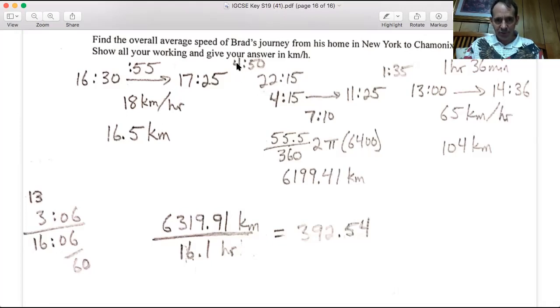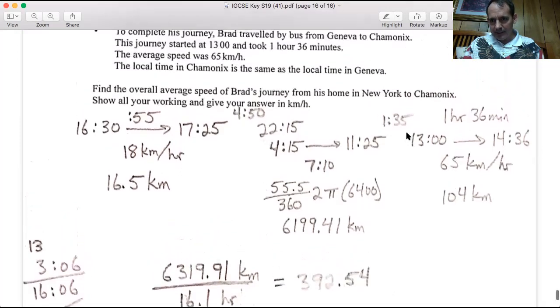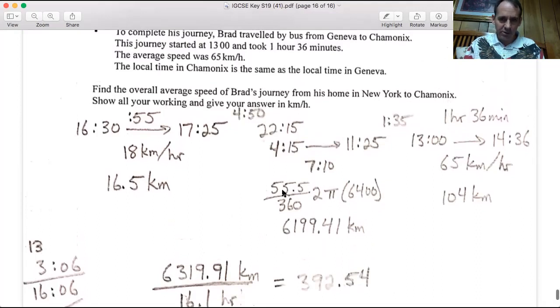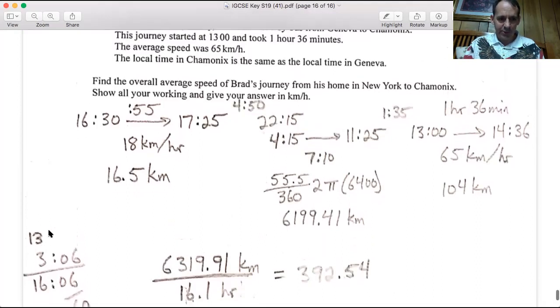And then total time, what we're going to do is we're going to add up the whole numbers first. 4 plus 7, so 7, 8, 9, 10, 11, 12, and then 13. So if we add up the whole number hours, we get 13 hours. Now I'm going to add up the minutes.